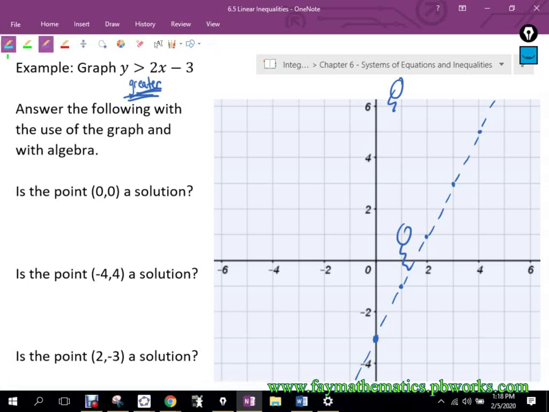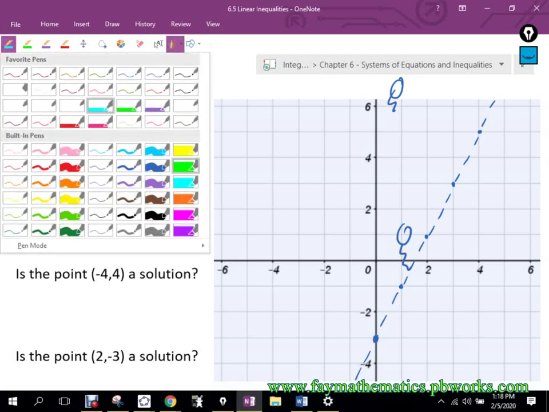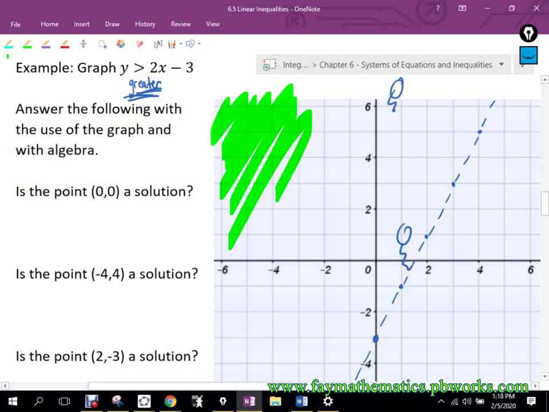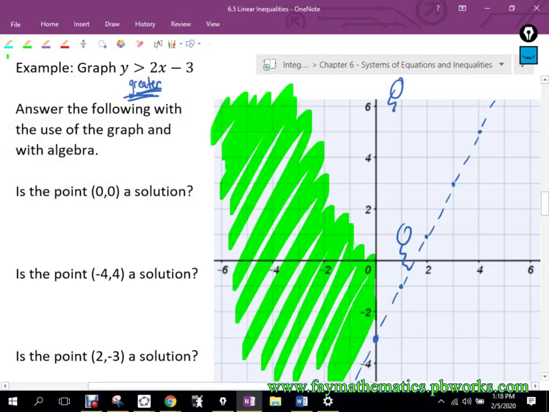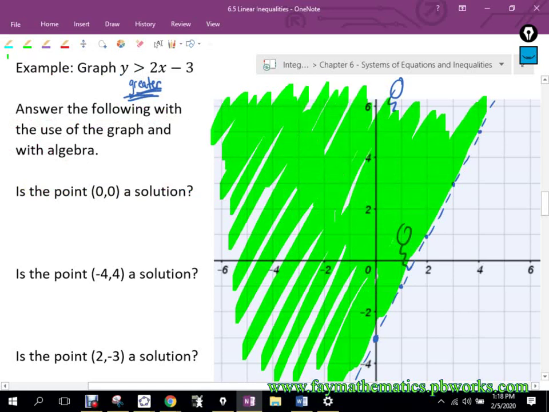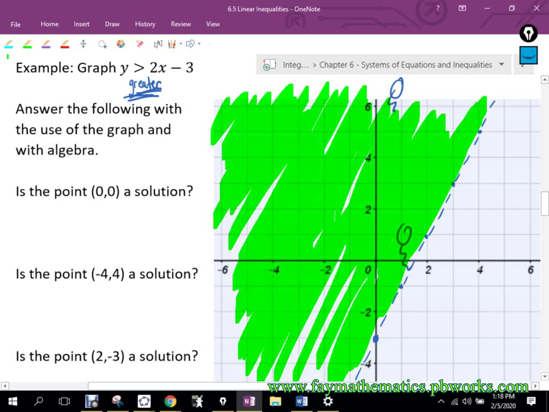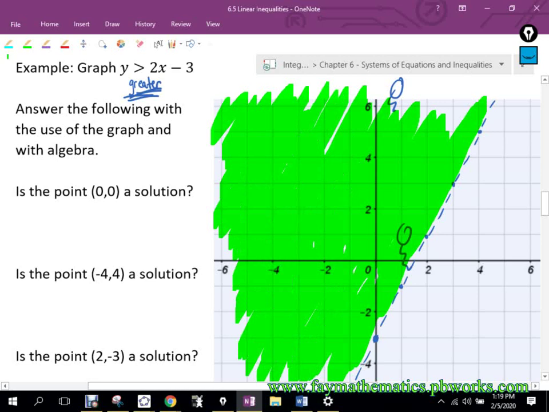So I'm going to shade on top. Get a bigger highlighter here.